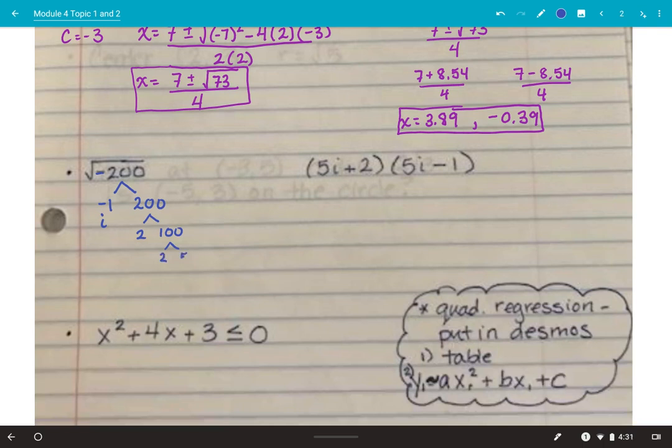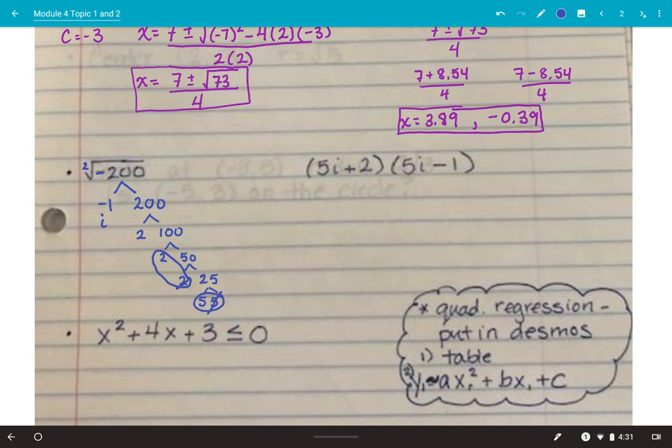So 2 times 50. 50 is 2 times 25. 5 and 5. You want pairs, so circle pairs. It doesn't matter if they're next to each other or not. Cross one off. We're looking for pairs because this is a 2 out here, the square root, the square has a 2. Circle a pair, cross one off.